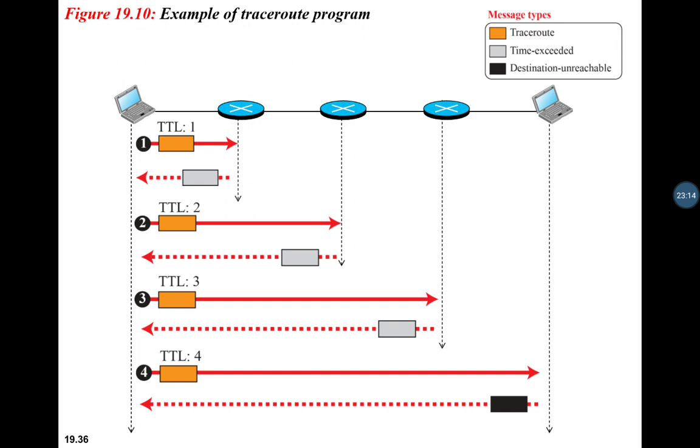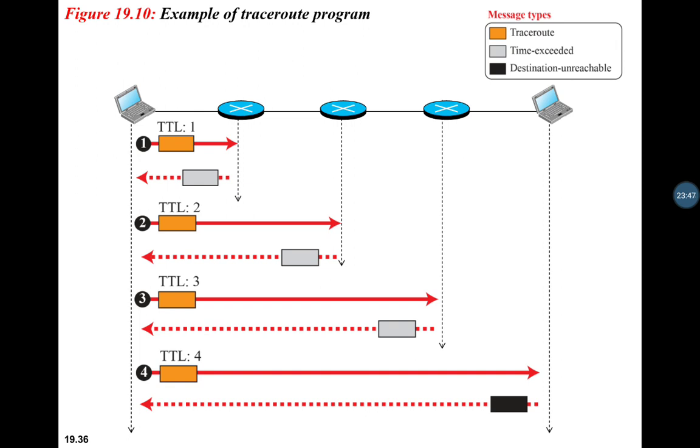When the fourth is done, it reaches the destination host. Even here, in the message the port number will be entered wrong, just to get a reply back from the destination so as to know its IP address. So once again a reply comes from the destination that the destination is not reachable.